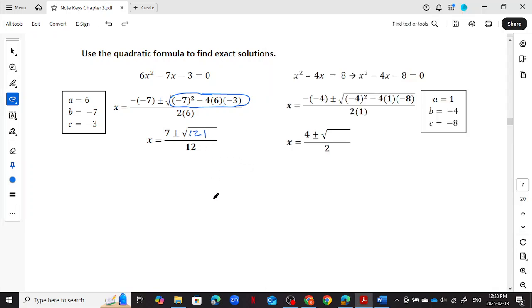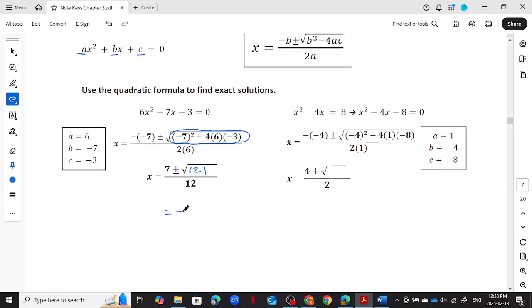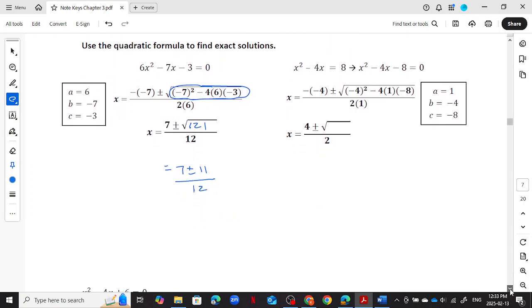Okay, so why did I choose this question? Well, I chose this question because the number underneath the square root sign, which if you've taken any other course, you'd recognize as the discriminant, is a perfect square. And so we can actually take the square root of it and get 7 plus or minus the square root of 121, which is 11, all over 12, which means there's going to be 2 answers.